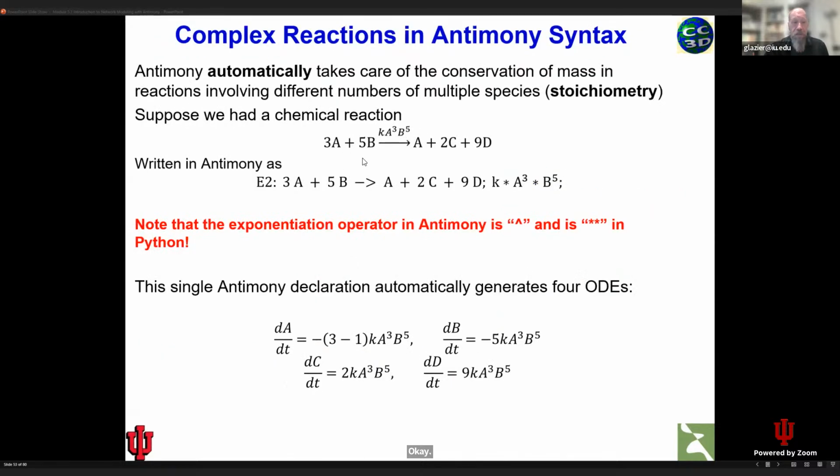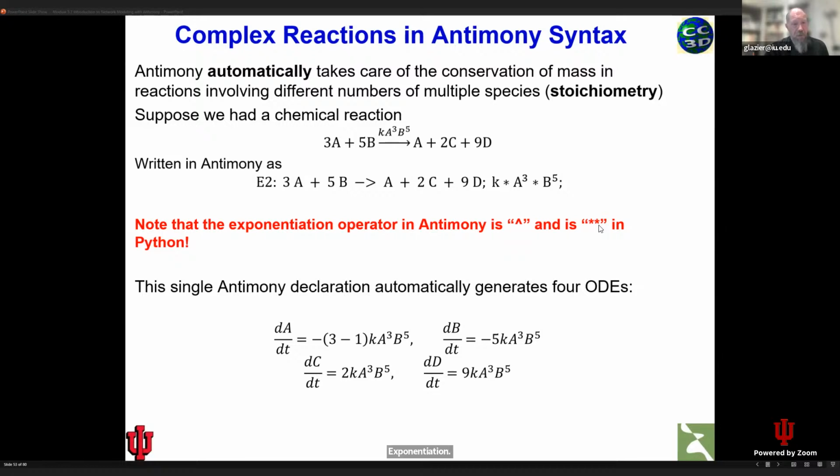If I had a complex chemical reaction, 3A plus 5B goes to A plus 2C plus 9D, I just type exactly that: 3A plus 5B goes to A plus 2C plus 9D, semicolon, and then the rate, K times A cubed plus B to the fifth. Notice that in Antimony, the caret is exponentiation. In Python, it's double star.